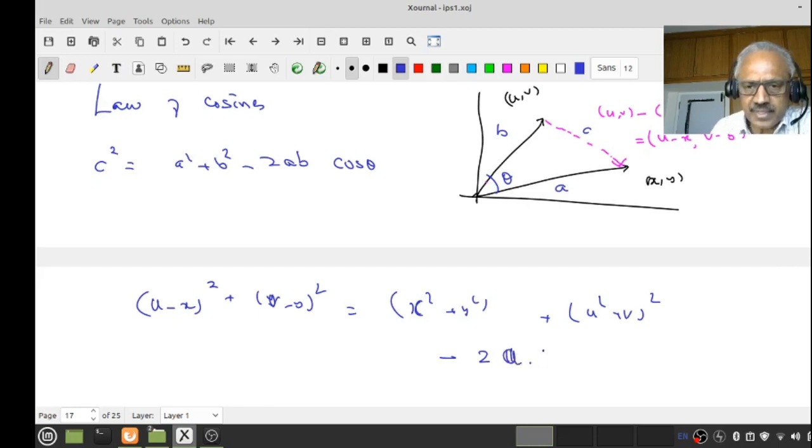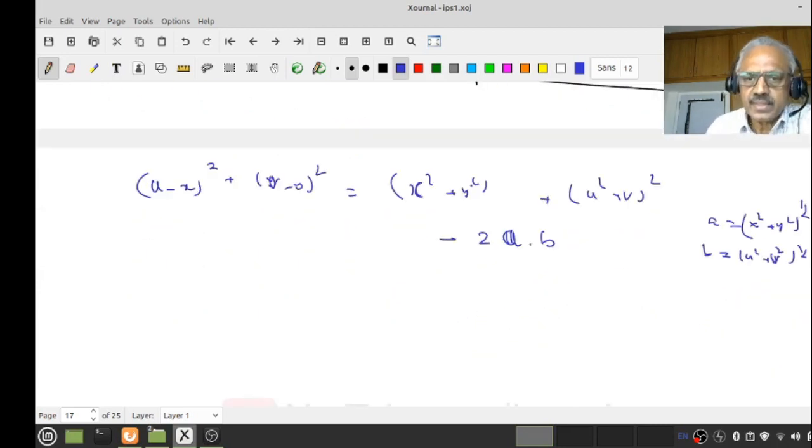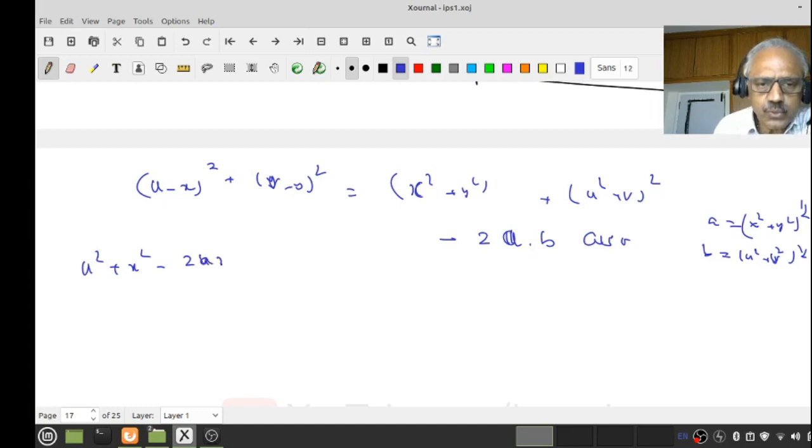Let me simply write a and b, where a is (x squared plus y squared) to the power half, and b is (u squared plus v squared) to the power half, times cos theta. But this side is going to be u squared plus x squared minus 2ux plus v squared plus y squared minus 2vy.